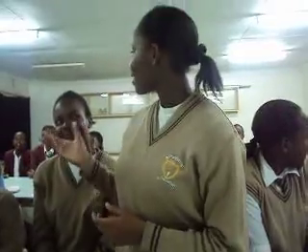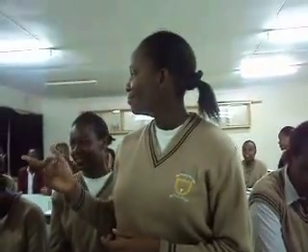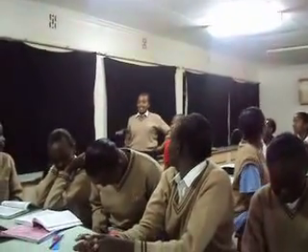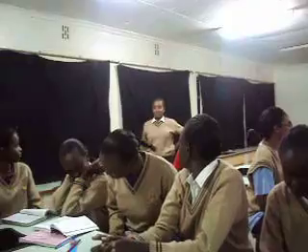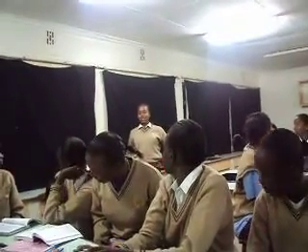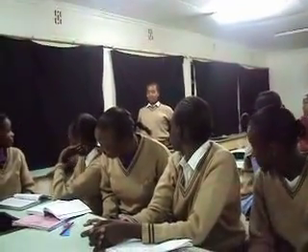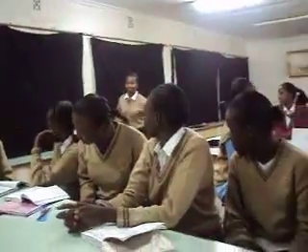Then you can use the formula you told us: the height of the tree over the height of the rod is equal to the length of the shadow of the tree over the length of the shadow of the rod. Yes, she's right.